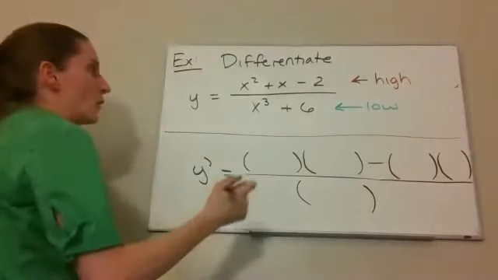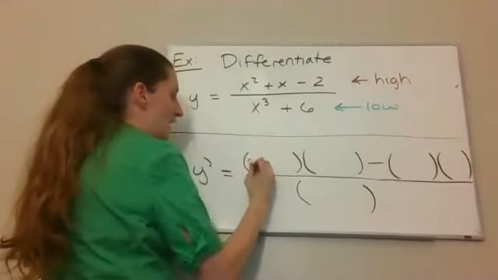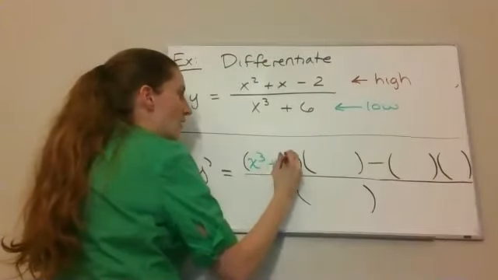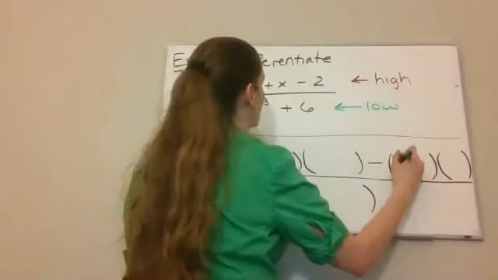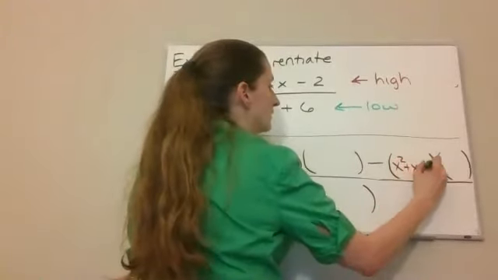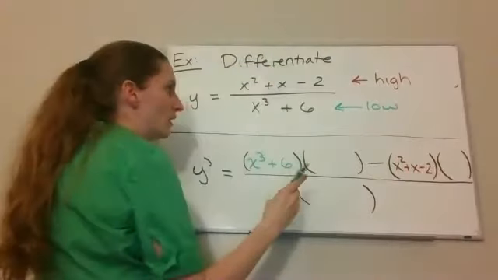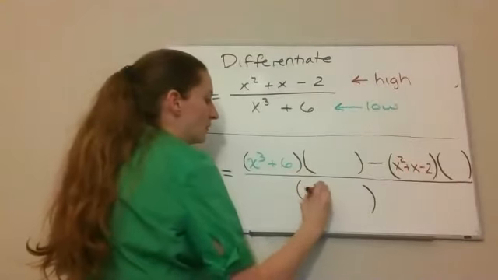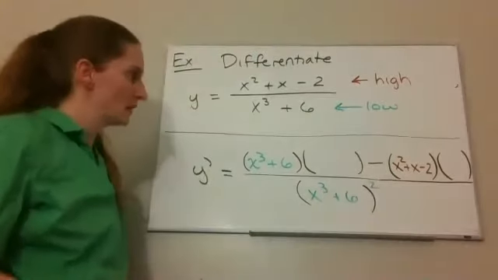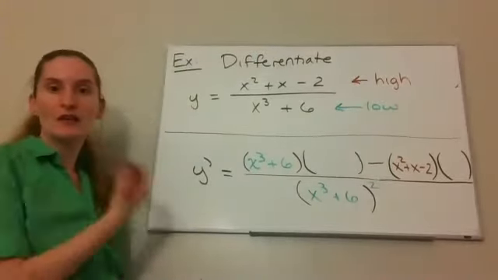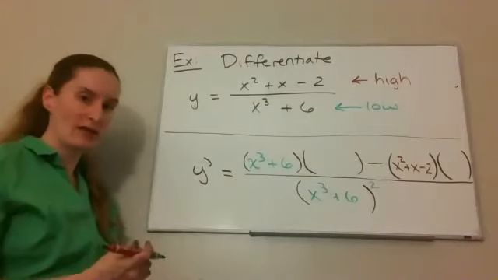All right, my quotient rule says that we have low d high minus high d low, square the bottom, and away we go. So I have filled in the low and the high and squaring the bottom.